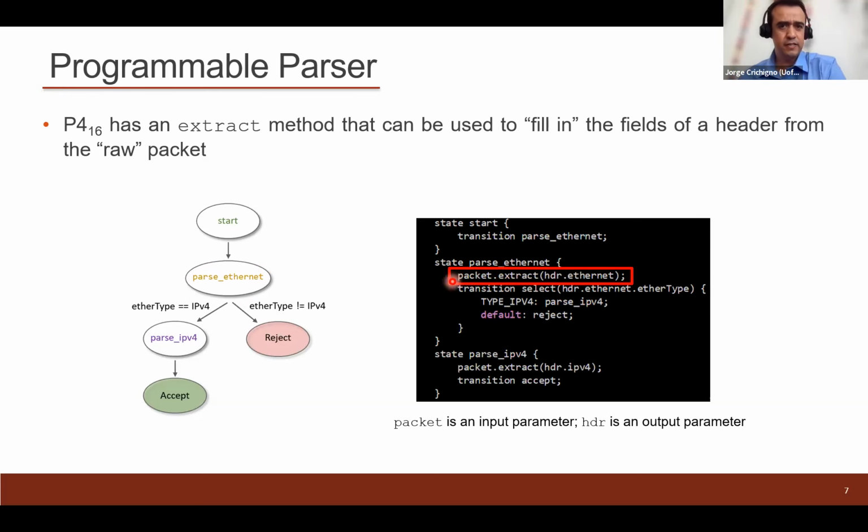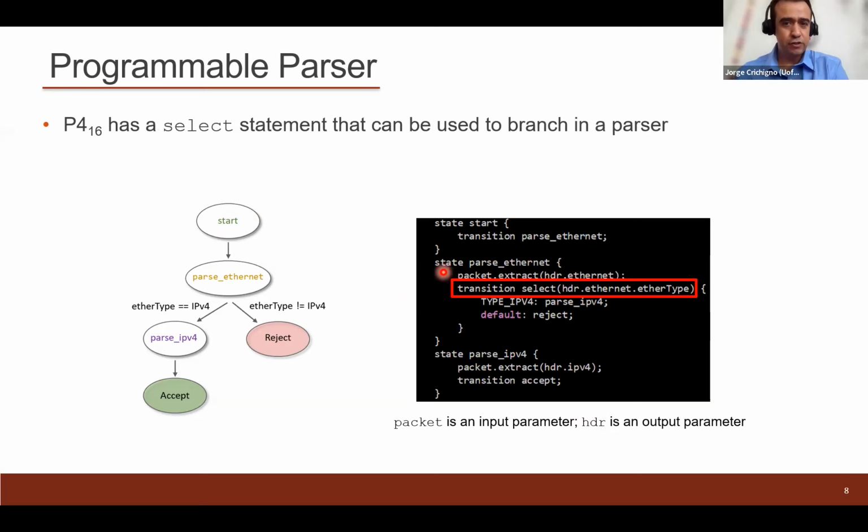And one thing that I didn't say before is that packet, right here, is an input parameter, and header, hdr, is an output parameter. So we're filling this header structure with the raw bits that are received from the packet. Packet is the raw packet, and header will have all the fields of all the different headers. So how do I extract? I just call this method packet.extract.